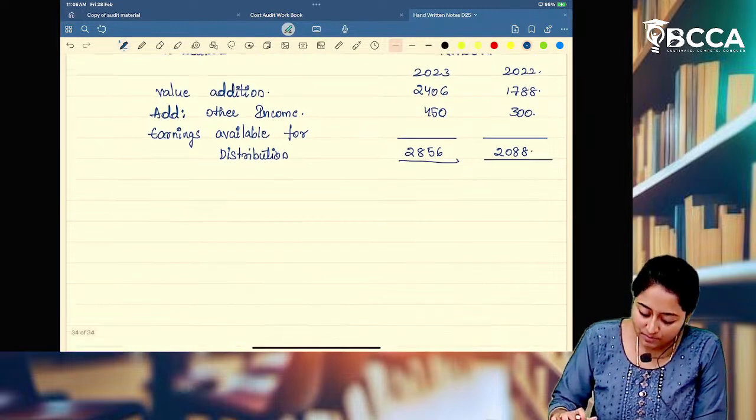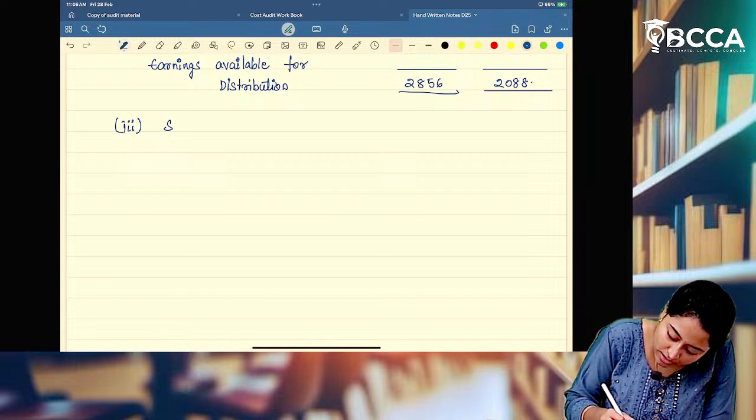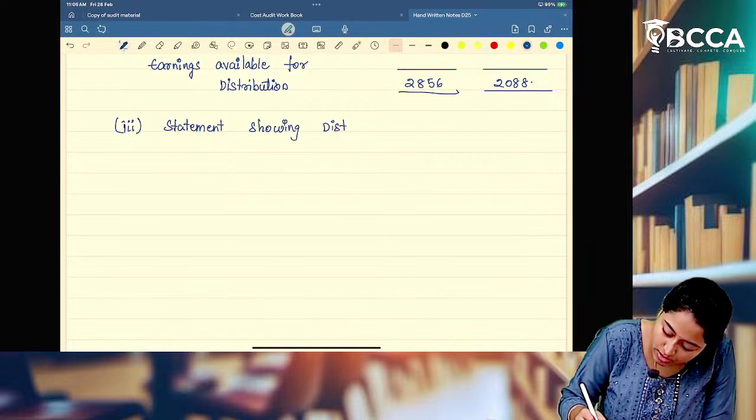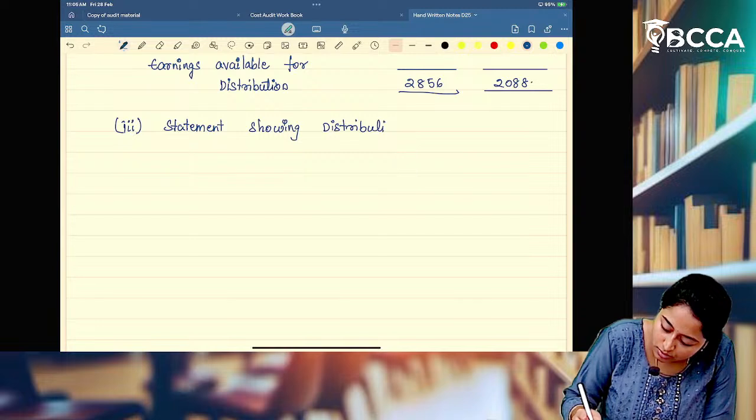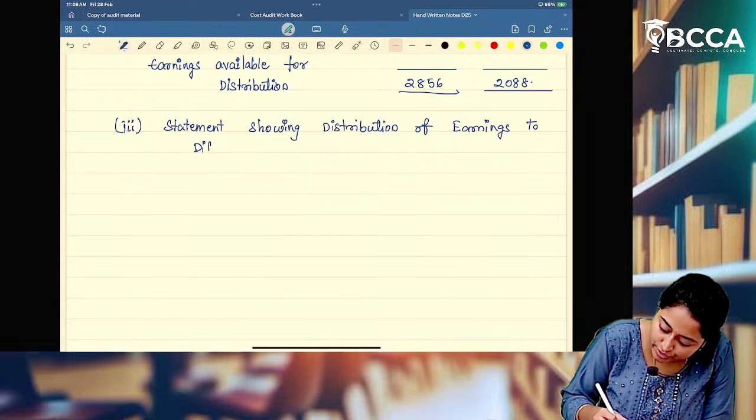Okay. Now, third is statement showing distribution of earnings to different claimants.